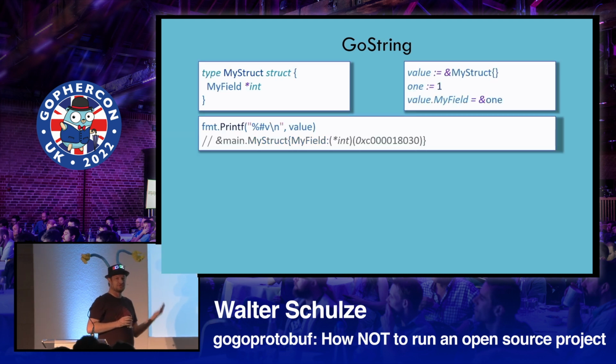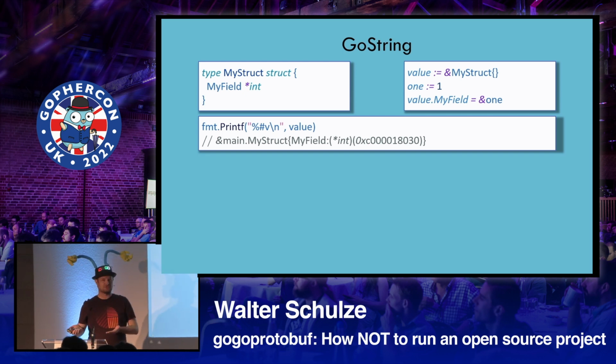The problem is when you have a pointer in your struct, you can't use %#v because then it prints out the pointer, not the value the pointer is pointing to, which means you can't copy it into a test or report it on GitHub, which is kind of irritating. And it's done that way because you might want to print a graph, or you just wanted to log something, but unfortunately it's a graph, and then you get into a cycle, and then you're just trying to log something, but you're breaking production, right?